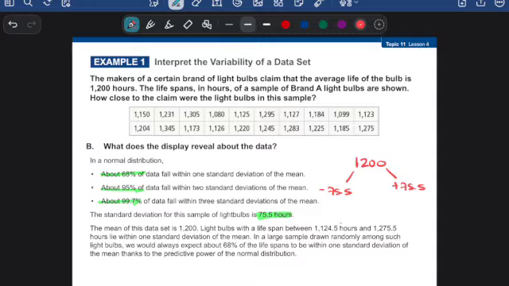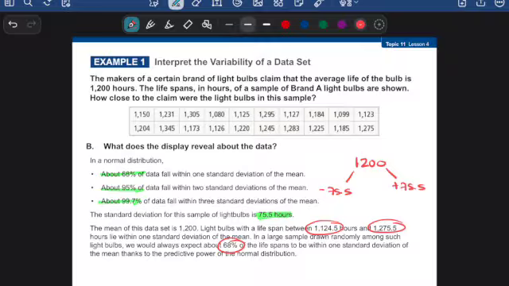That's how we get these values. 1200 minus 75.5 would get us 1124.5 hours, and if I add 75.5, I get 1275.5 hours. Those are the boundaries, if you will, of 1 standard deviation away from the mean. And remember, if it's 1 standard deviation, we know that that's going to cover 68% of the data.